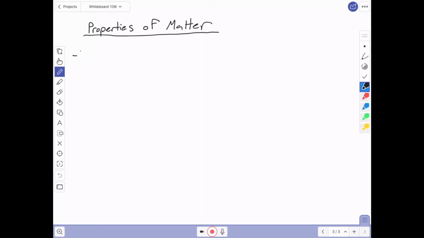We have what are called intensive and extensive properties of matter. And what you saw at the title screen of our finding density by displacement was that density was an intensive property of matter.